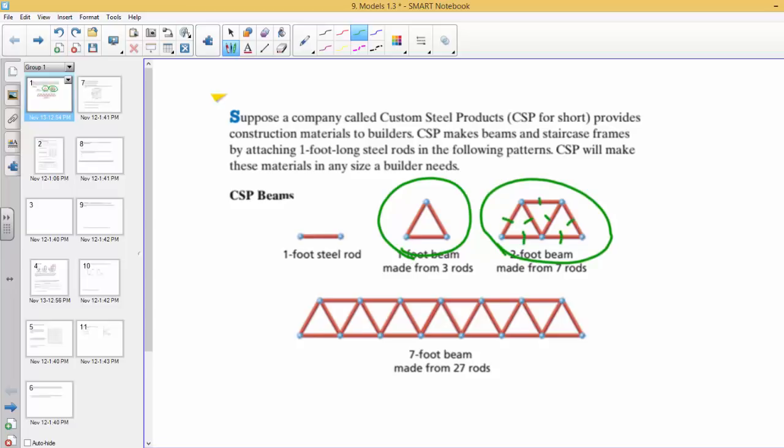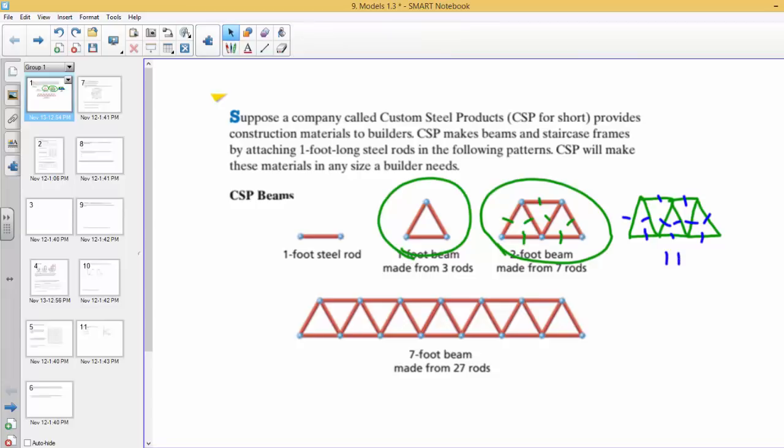So a 3-foot beam, you would start with the 2-foot, and then you would add the same exact thing, a triangle each direction. So that would have 1, 2, 3, 4, 5, 6, 7, 8, 9, 10, 11 rods. So let's go ahead and add that.